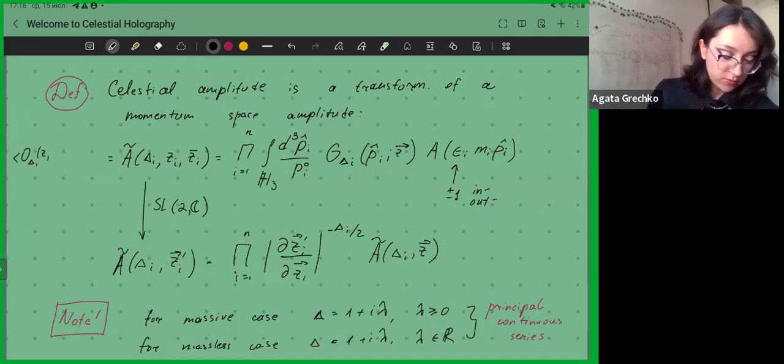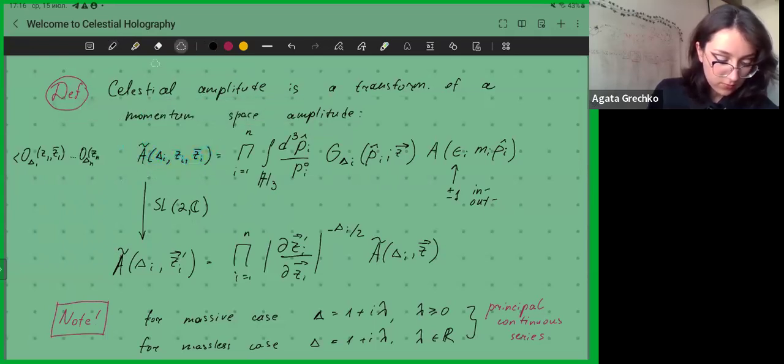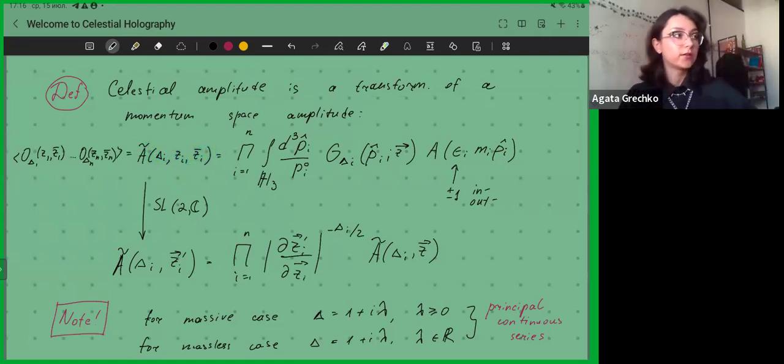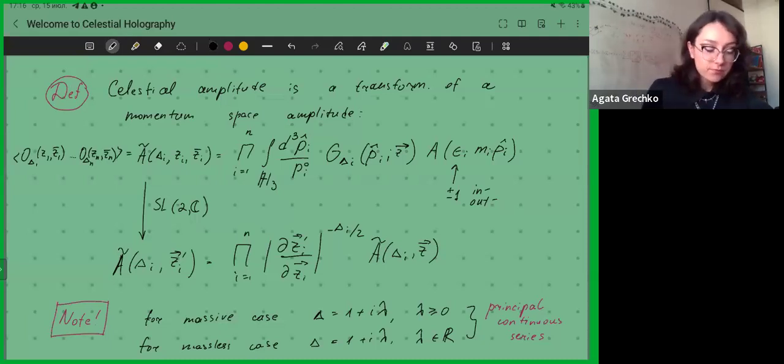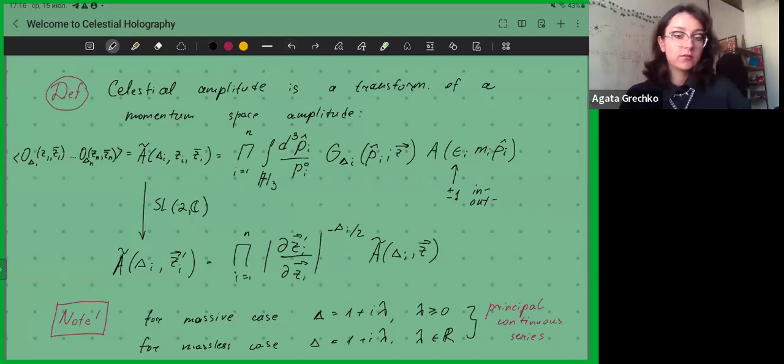So here it will be z1, z1 bar, and etc., delta n, zn, zn bar. It's just for notation, so if you will find it in the literature, it means we just denoted the celestial amplitude. This is in the basis directly of conformal field theory.